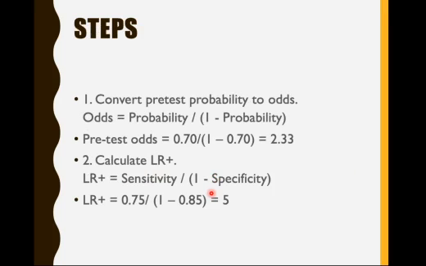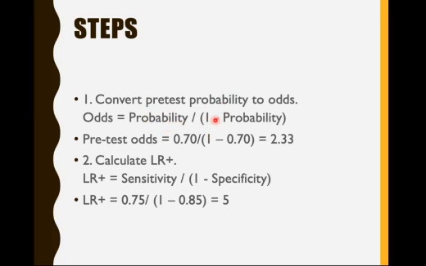Now, these are the steps. First, we convert the pre-test probability to odds. The formula is odds equal to probability divided by 1 minus probability.